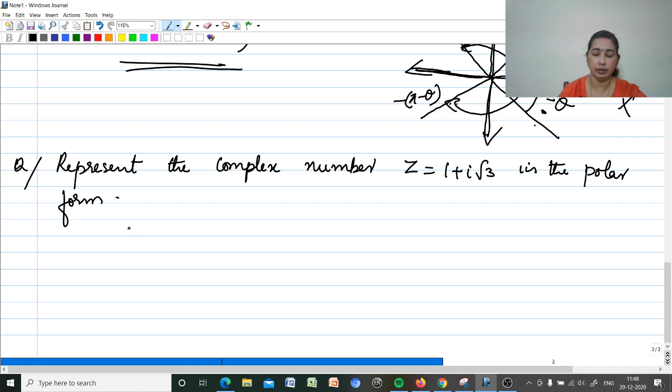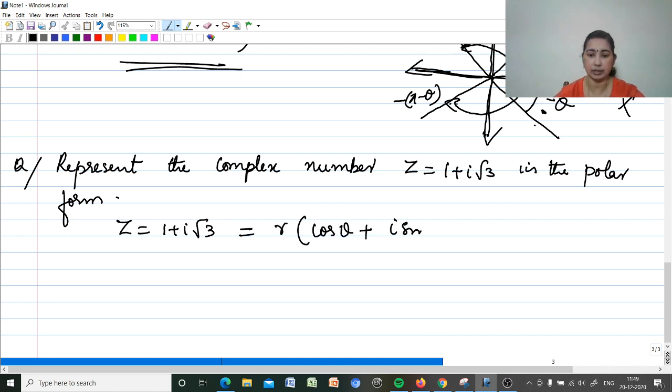We are converting to polar form, that is r into cos theta plus i sin theta. Now I am comparing the real part and the imaginary part. So r cos theta is equal to 1 and r sin theta is equal to root 3.